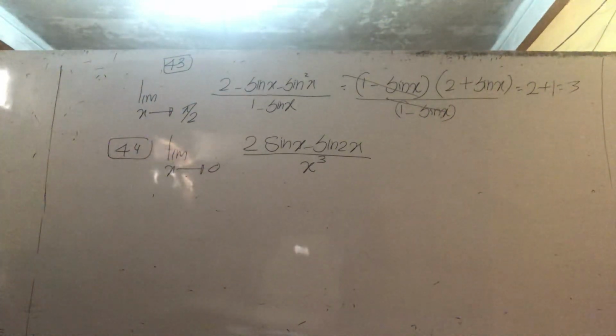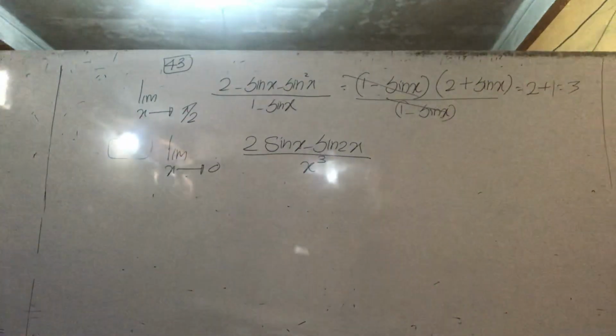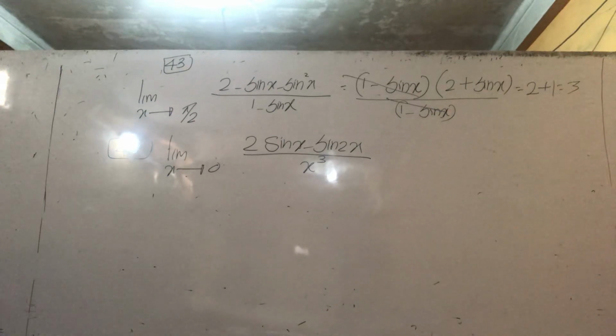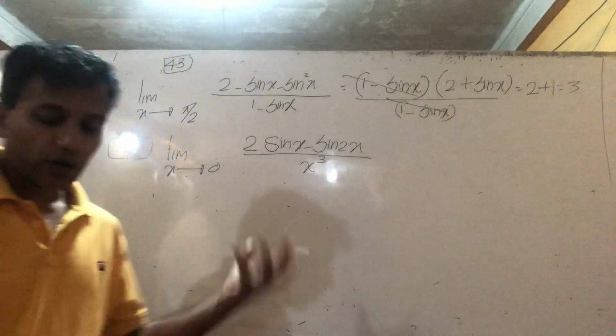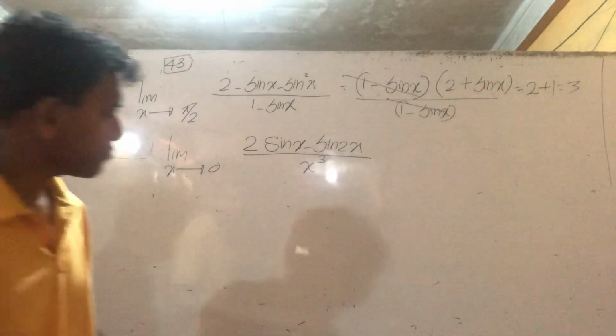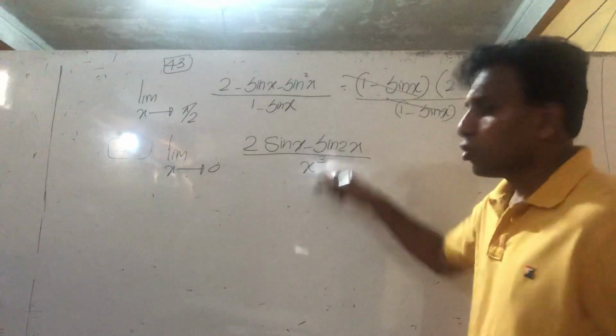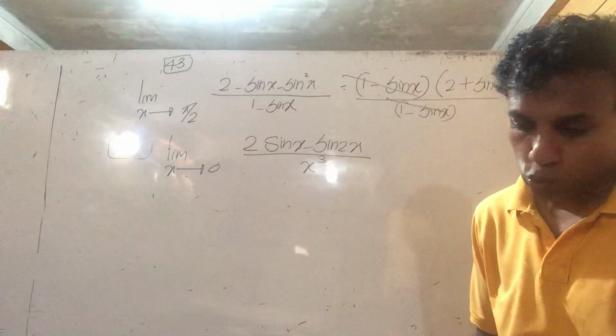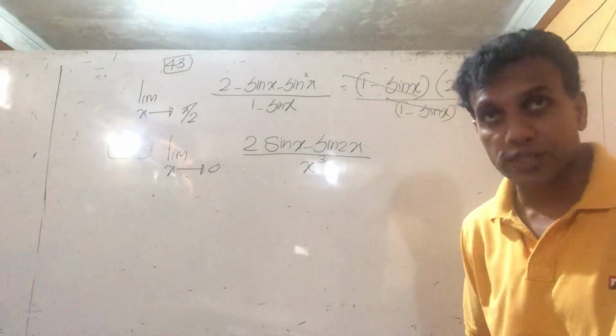Think how to do that. If you directly put x as 0, sin 0, and below also 0, so meaningless form, right? One of the indeterminate forms. Therefore, we have to use another method to calculate the answer. You know the double angle formula, sin 2x is 2 sin x cos x.